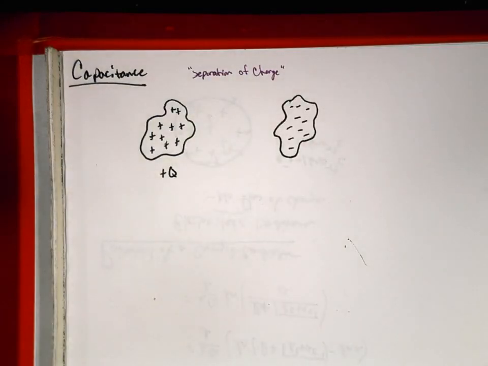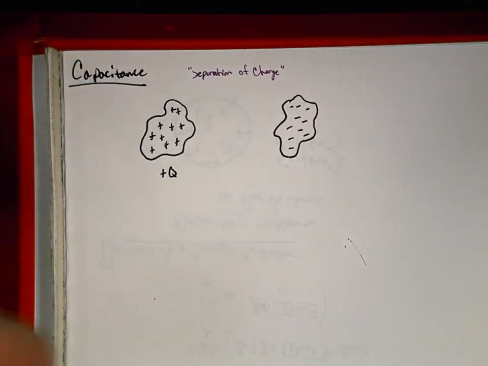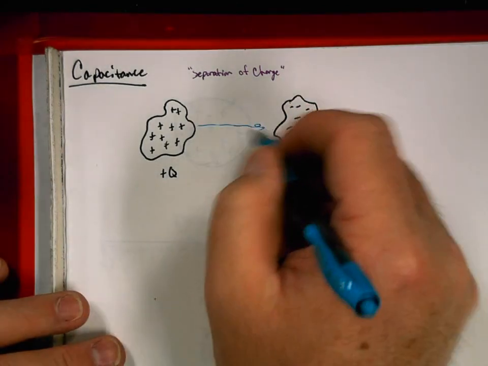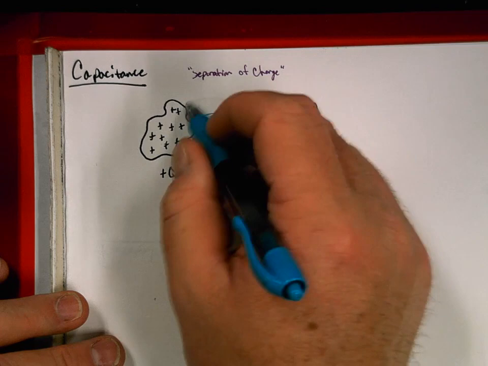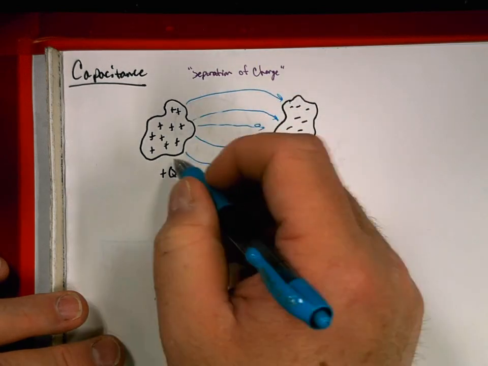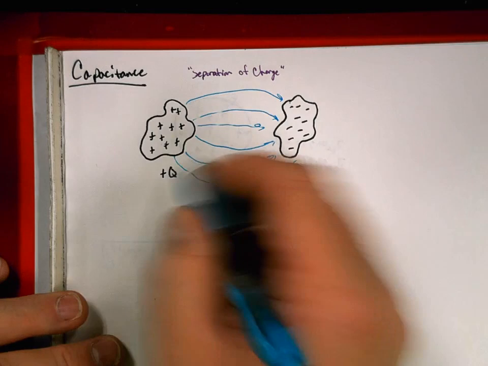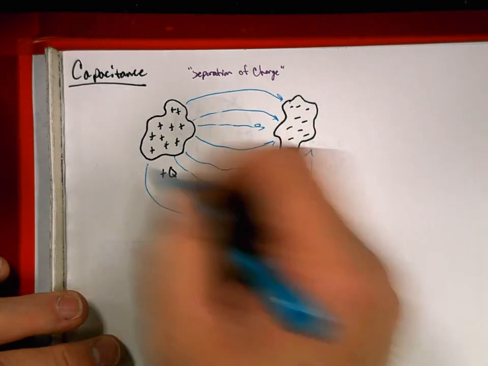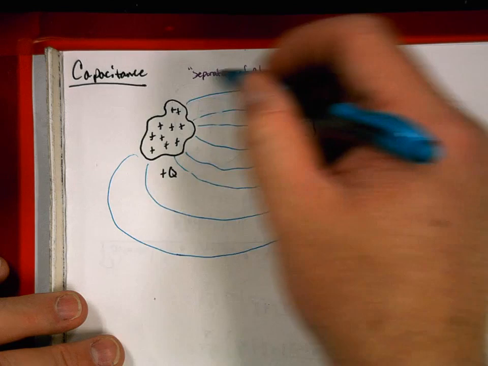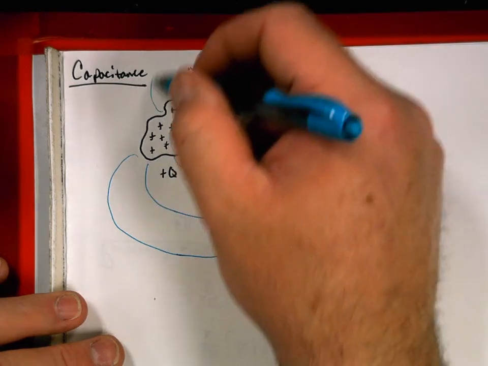All right, and between these we of course have our electric fields that go straight across, and remember, if we're drawing our field lines, it kind of looks like this.